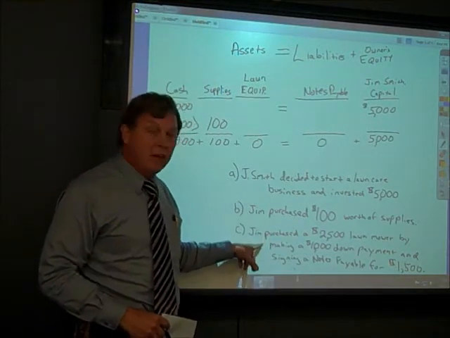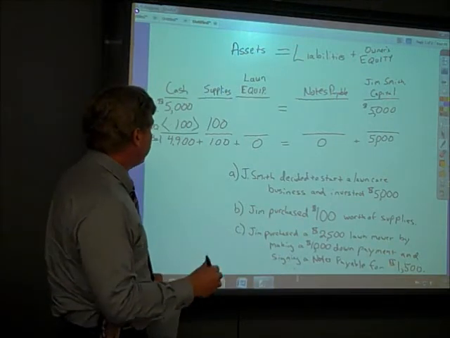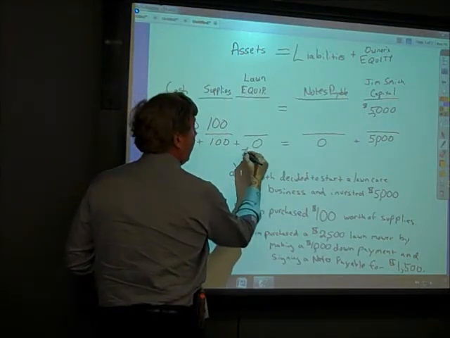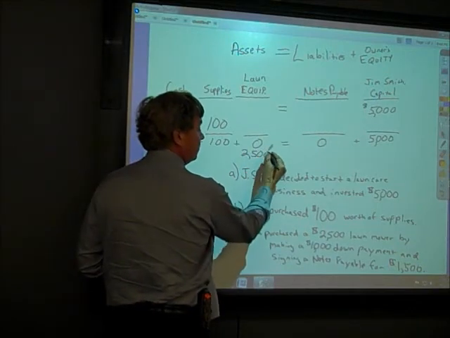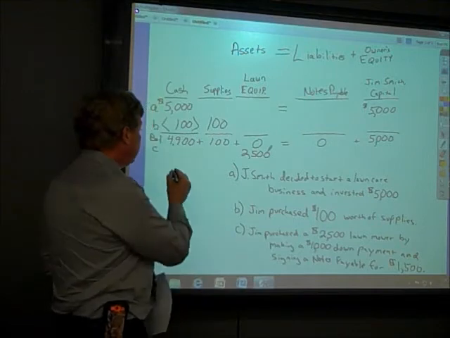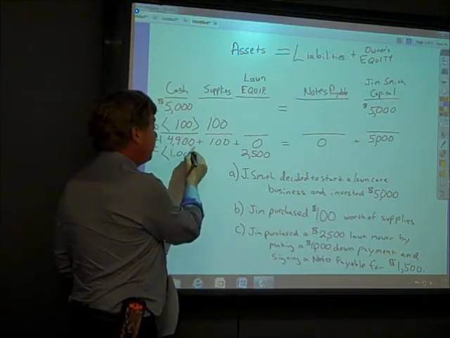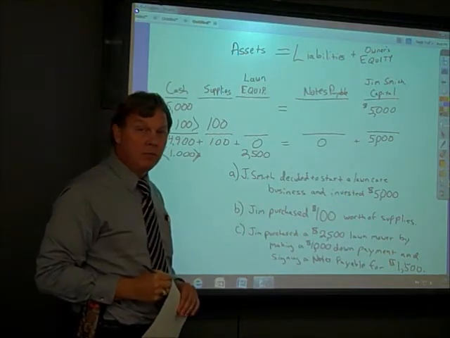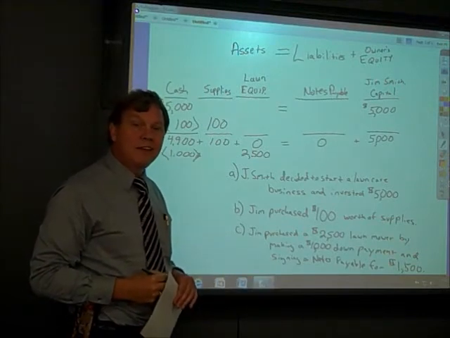Well, in this transaction, Jim has a lawnmower now that has a $2,500 value. So under lawn equipment, I'm going to write $2,500. He paid cash of $1,000, so my cash account is going to be decreased by $1,000. And he also has a note payable now.